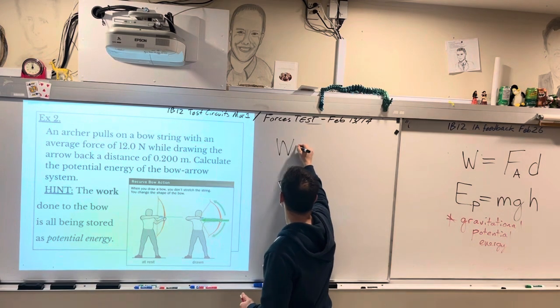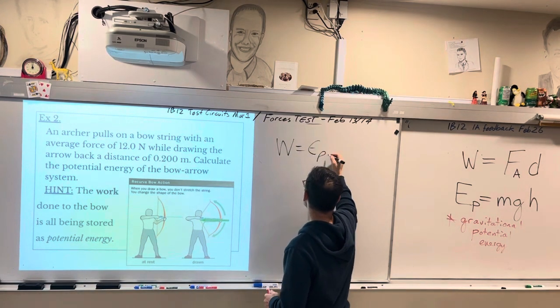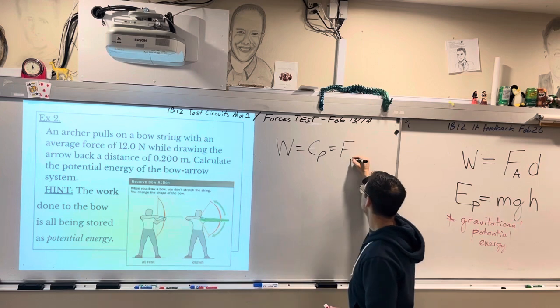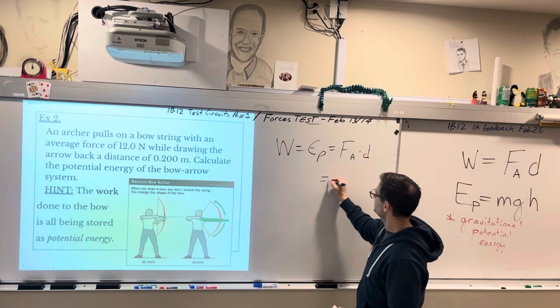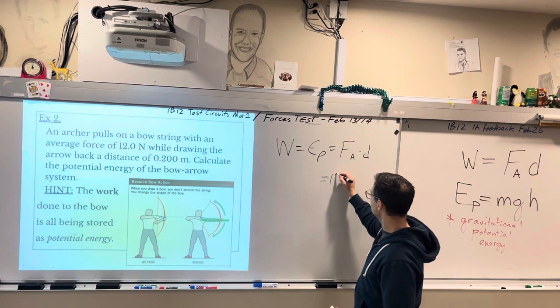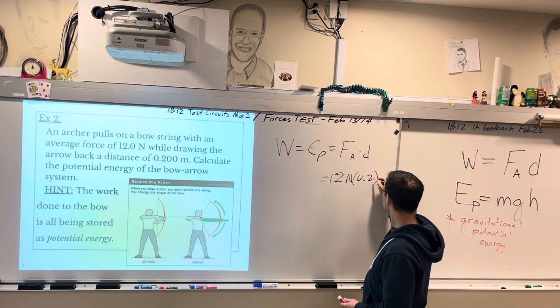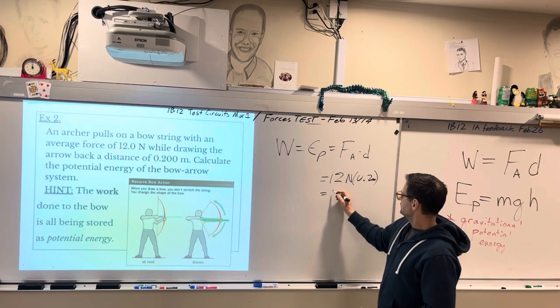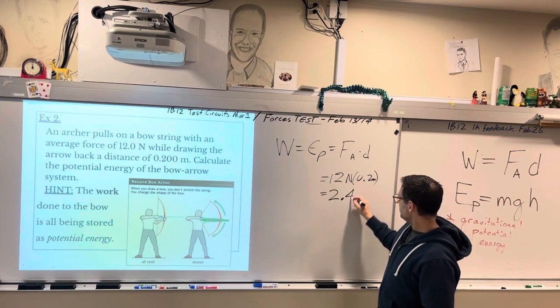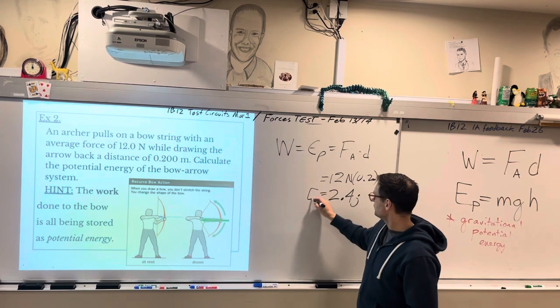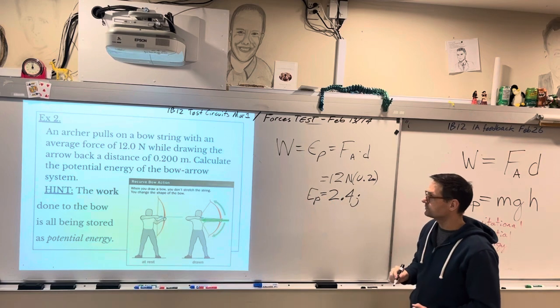So we can say the work is equal to the potential energy stored, so that should be force applied times the distance. And we go 12 newtons times 0.2 meters. 2.4 sounds right to me. And that'll be in joules.